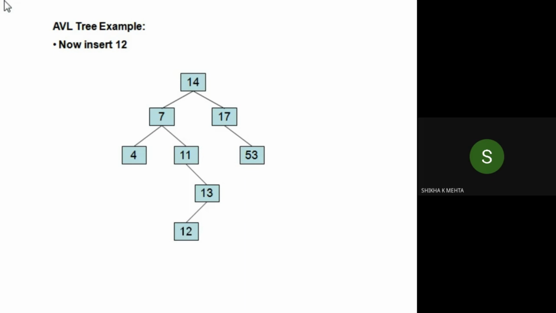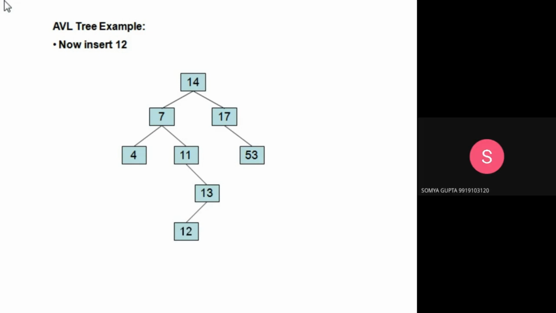Now tell me what we will do. Which rotation will we apply? Yes. Which rotation are we going to apply? Left rotation. Only left. Single rotation or double rotation will we need?